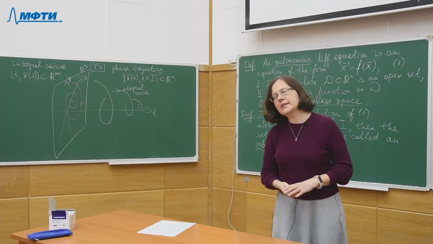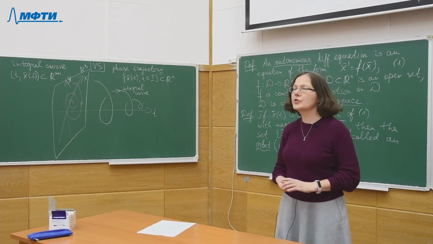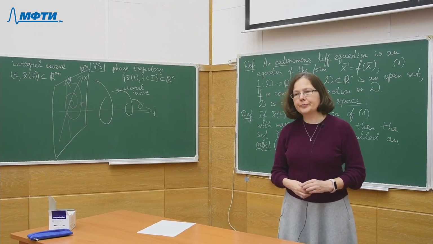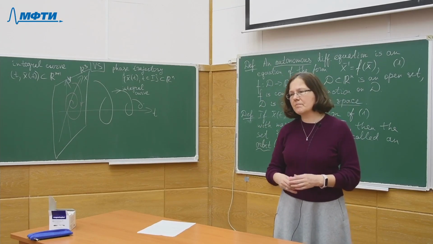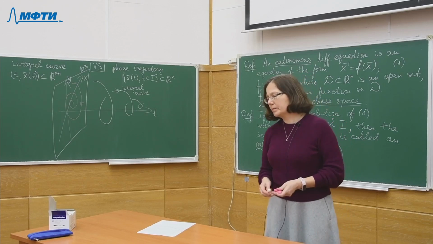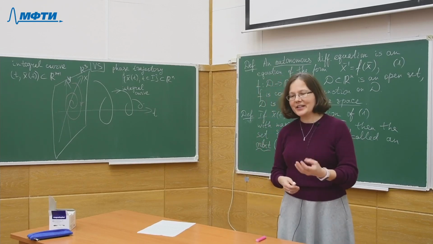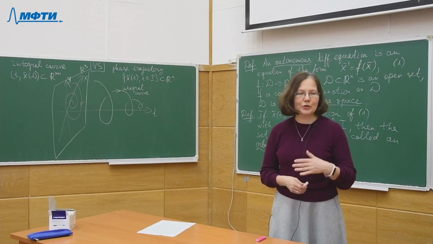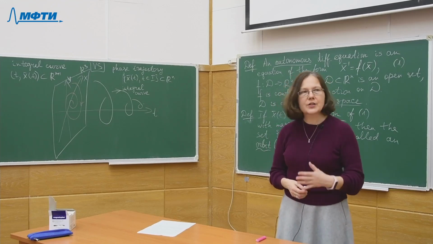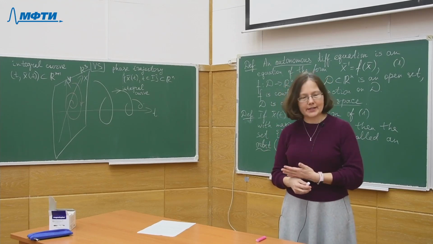And sometimes it is more convenient to study phase trajectories because our space is 3-dimensional, right? And it is more convenient to sketch figures in the plane than in space, right?